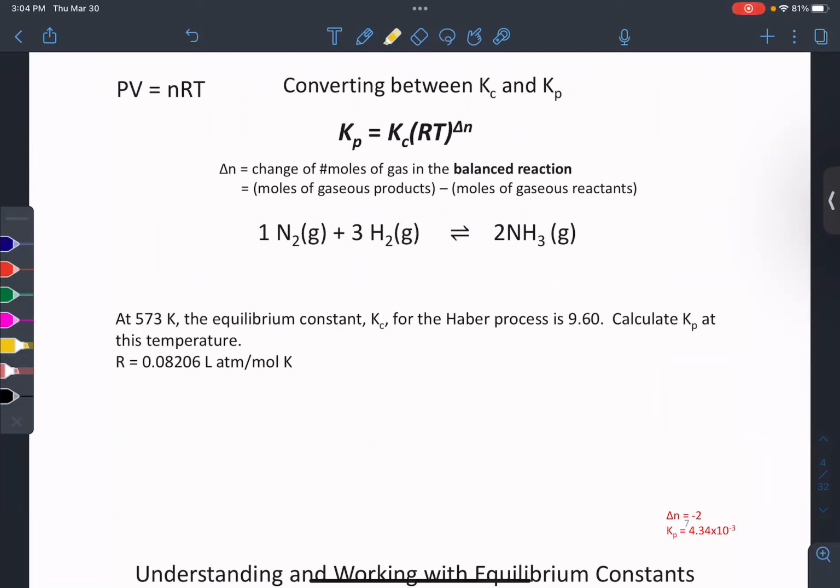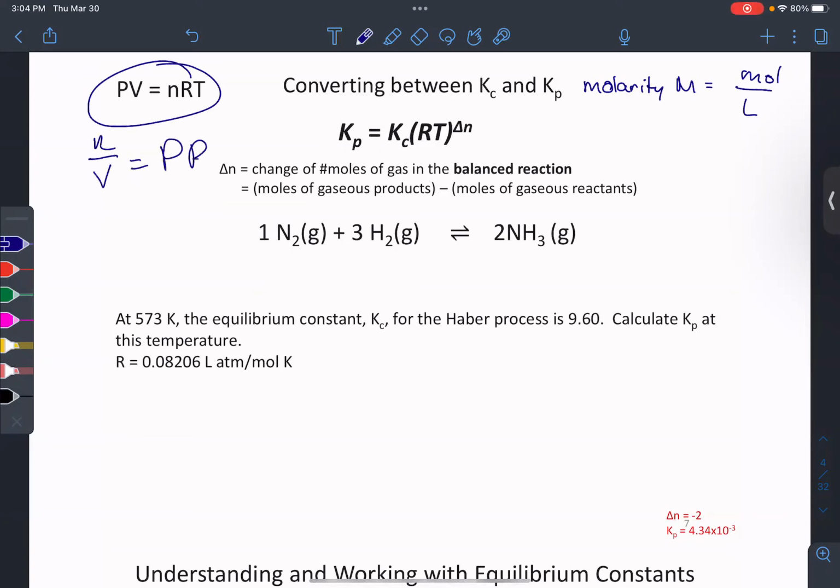C stands for concentration. You're working in molarities. Molarity, or big M, is equal to moles over liters. If we look at the ideal gas expression, for gases, we can rearrange some things and say N over V equals P over RT.